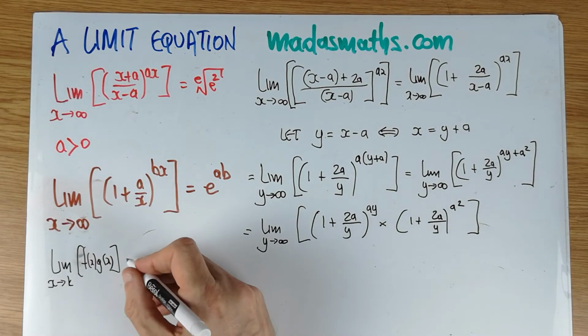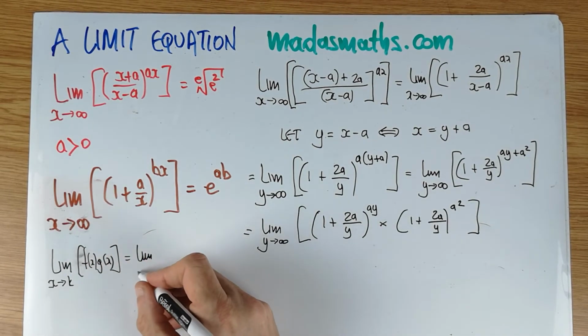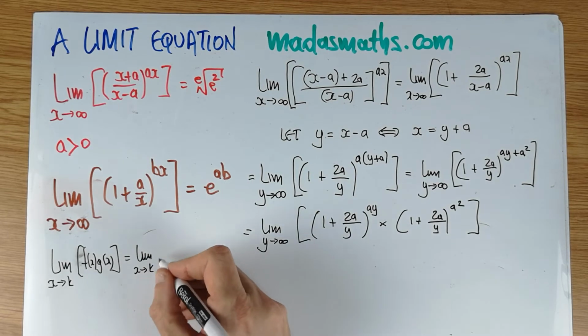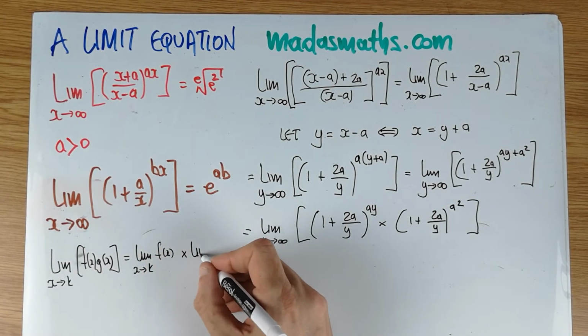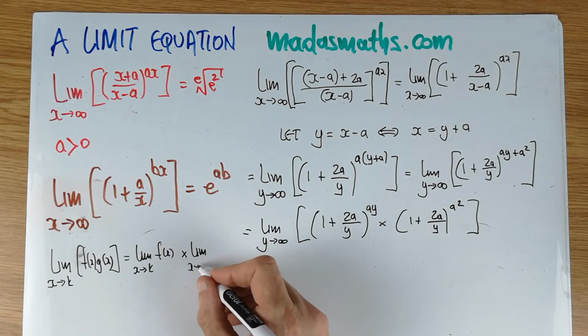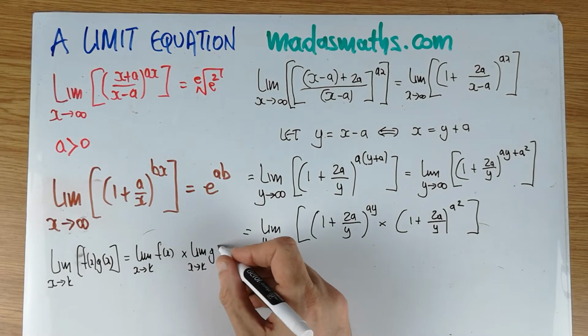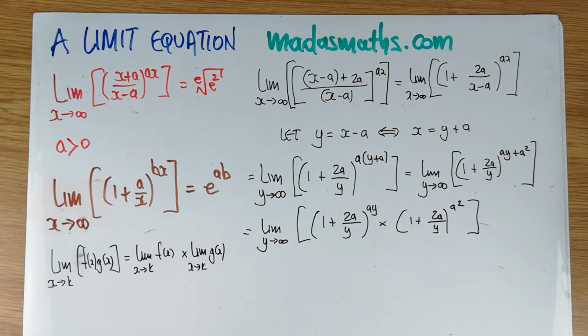If you had something like that, it's the same as the limit as x tends to k of f of x multiplying by the limit as also x tends to k of g of x. So that's another result from limits which we can use.